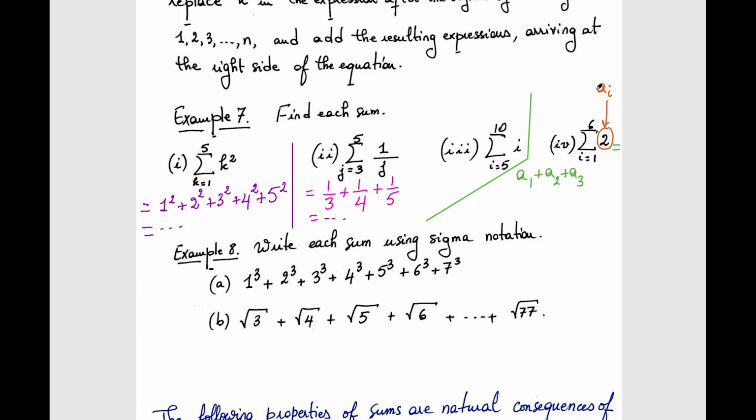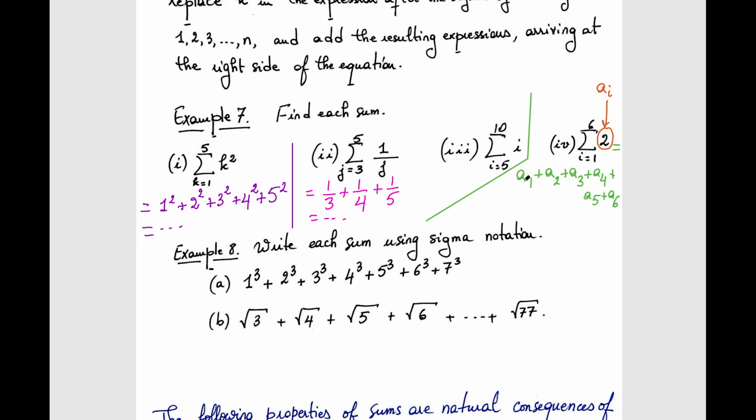So sigma A_i, where i ranges from 1 to 6, means A1 plus A2 plus A3 plus A4 plus A5 plus A6. Doesn't the notation sigma i from 1 to 6 of A_i mean this, when we ignore this 2 and replace it by A_i? Okay, so this is just by definition, by notation.